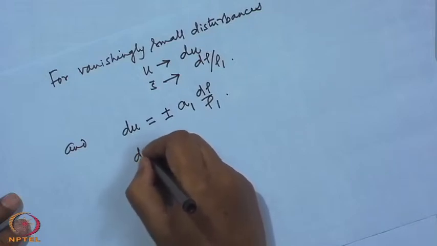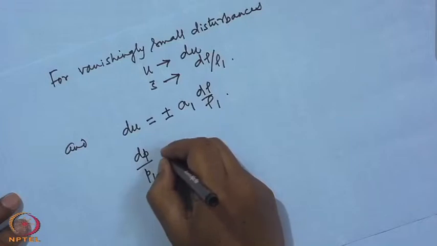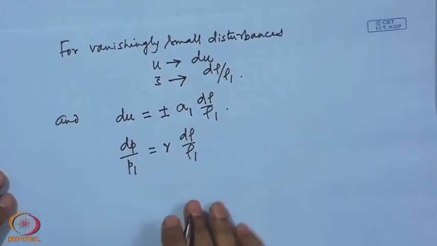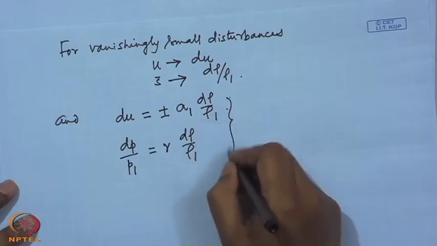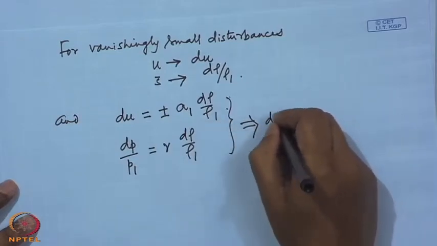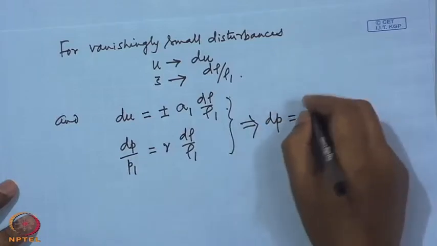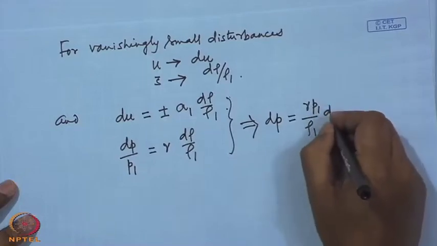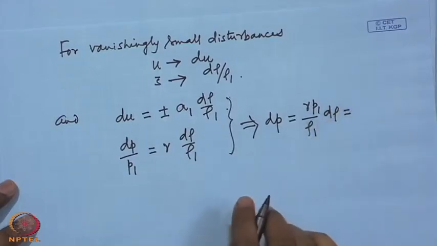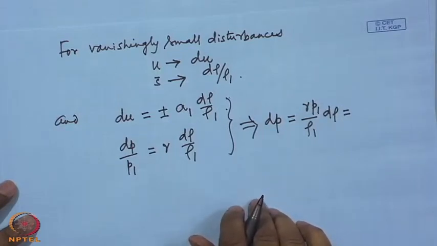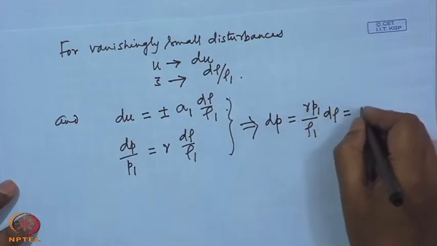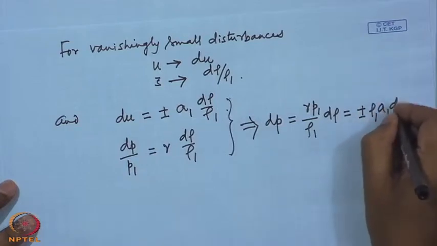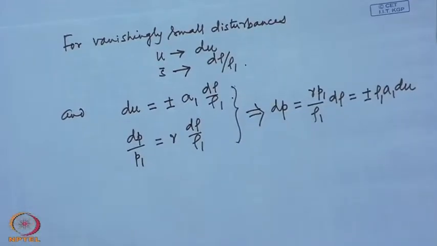Similarly, the pressure change dp by p1 can be written as gamma d rho by rho 1, and combining the two, these together also imply that dp equal to gamma p1 by rho 1 d rho, that is a square d rho, and it becomes plus or minus rho 1 a1 du.